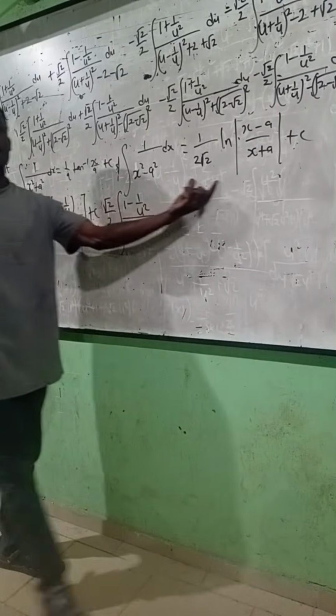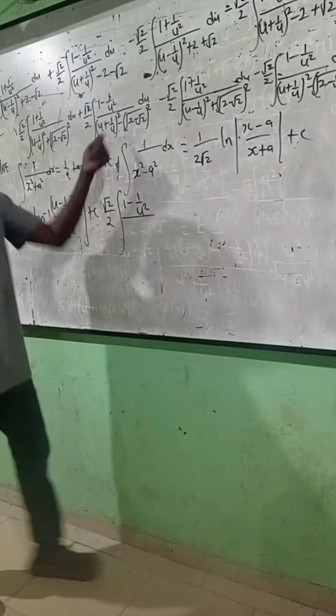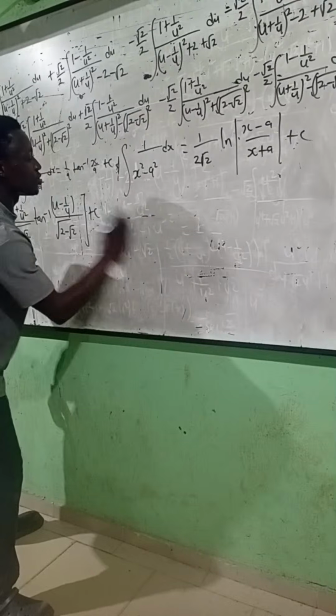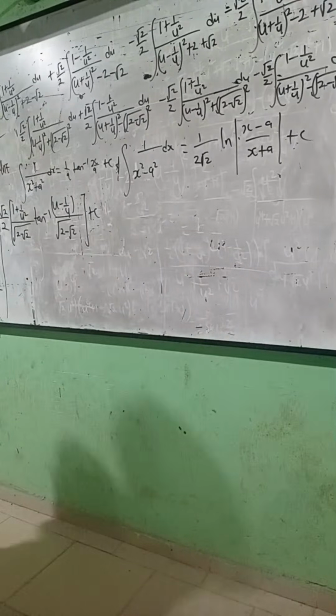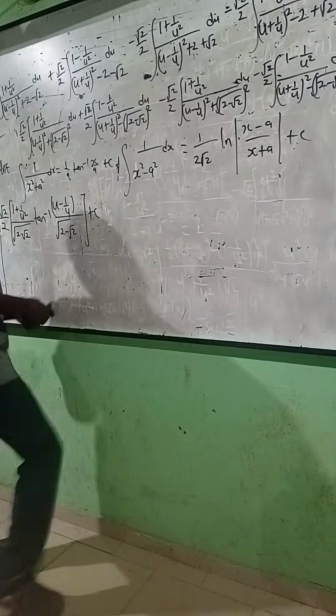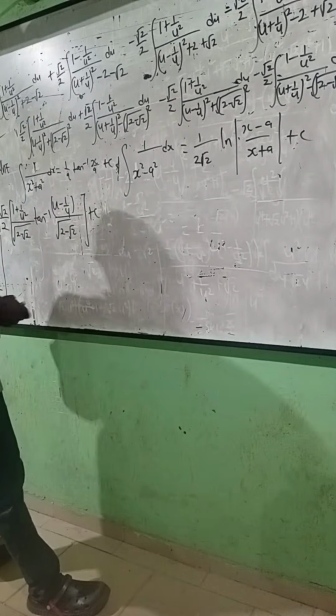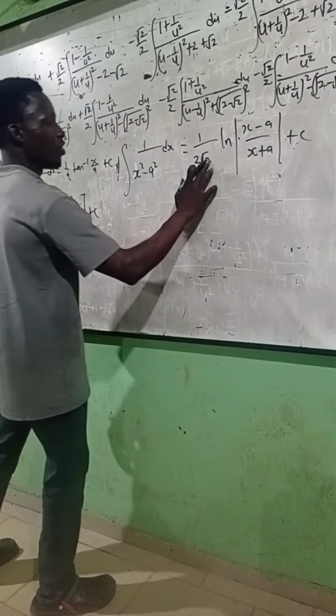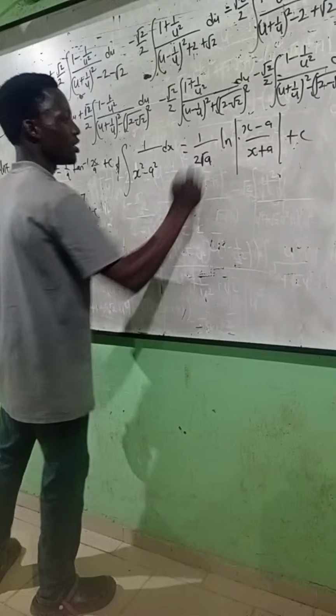So this one follows this identity, with 1 over 2 root a, that's the standard.